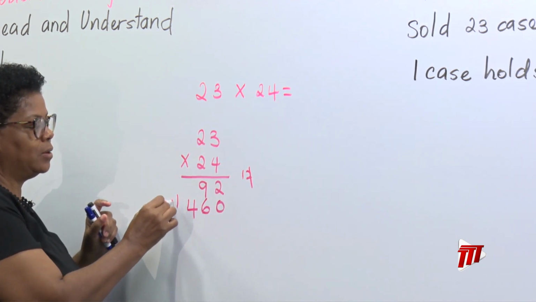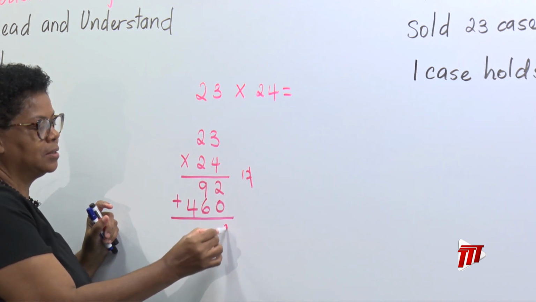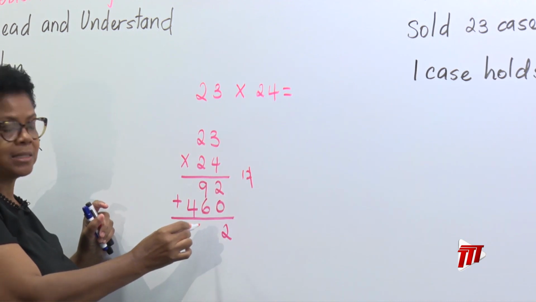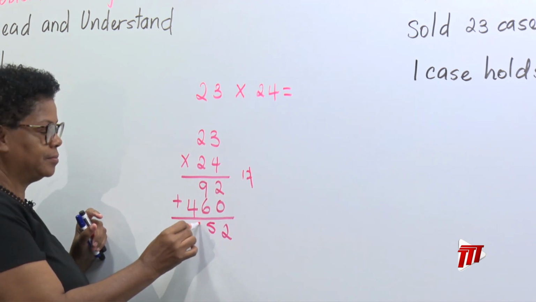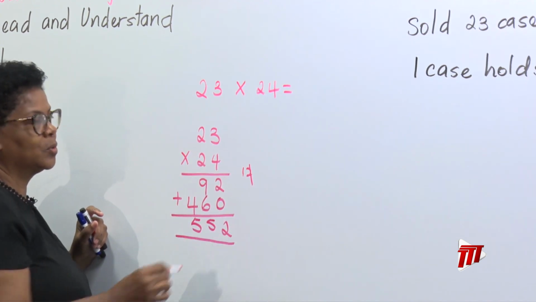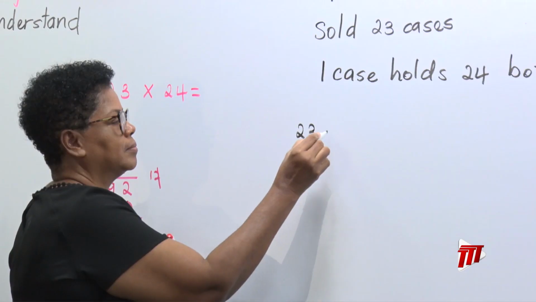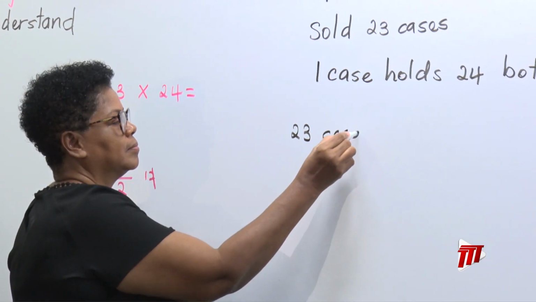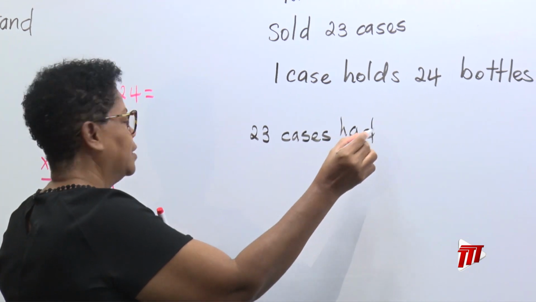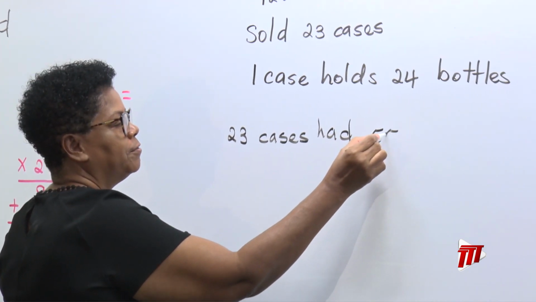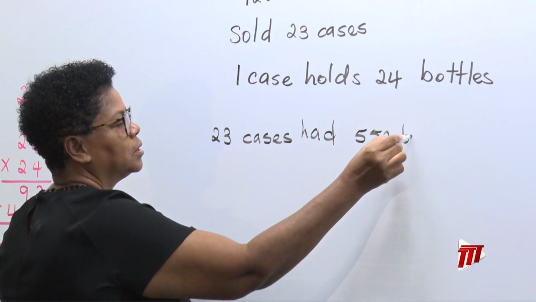Now we are going to add our partial products. 2, 9 and 6 is 15. And 4 and 1 is 5. So they sold 552 bottles.